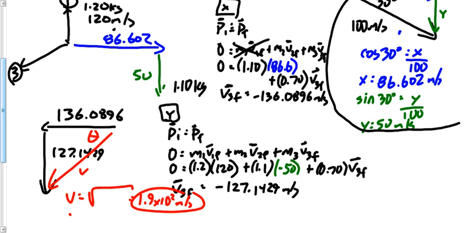And theta works out to be the inverse tan function of 127 over 136. Gives me 43 degrees. What is that, south of west or west of south?